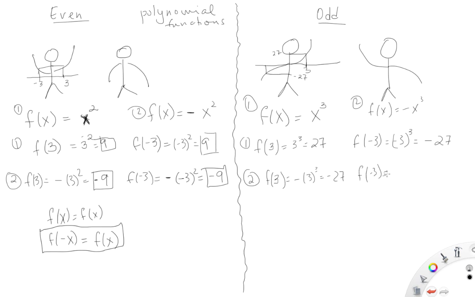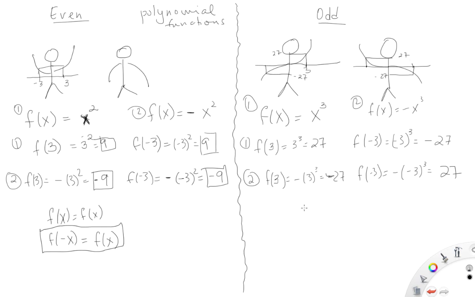And if I put negative 3 in, I get minus negative 3 to the third power, which gives me a positive 27. So again, if I put in a positive 3, I get a negative 27. If I put in a negative 3, I get a positive 27.